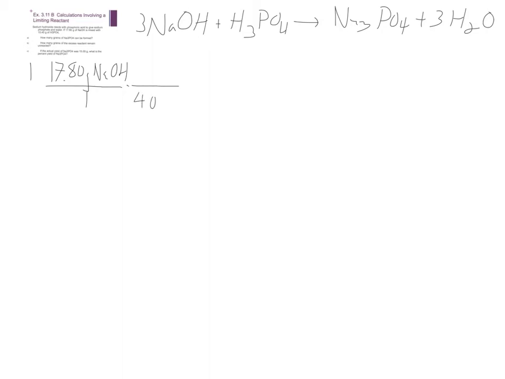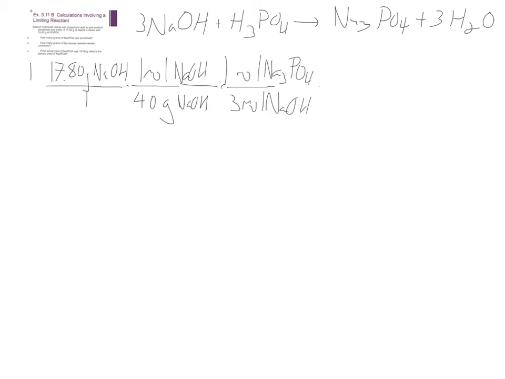So this is going to be 40 grams per mole of NaOH. This is going to be a 3-to-1 ratio, 3 moles of NaOH to 1 mole of sodium phosphate.